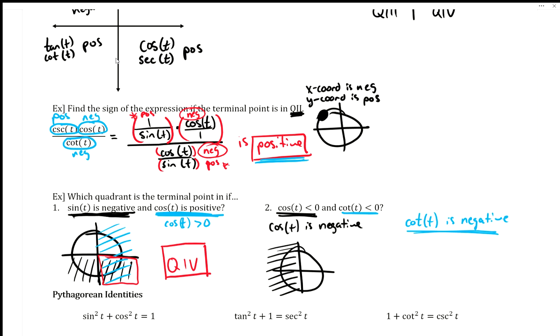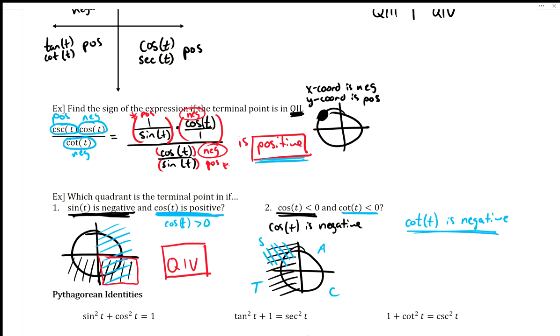Okay, so this is where all students take calculus might help. Let's break that one down using this method. Okay, so all of them are positive in quadrant 1. So that's not cotangent then. Sine and cosecant are the only two that are positive in quadrant 2. So that means cotangent is negative in quadrant 2.